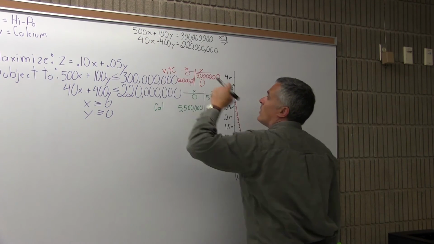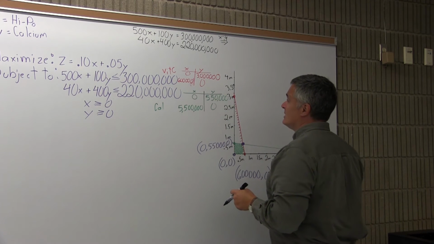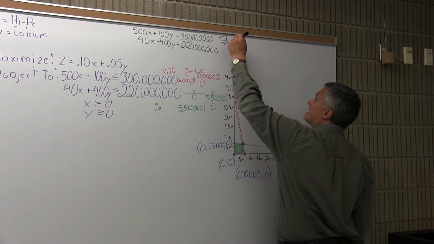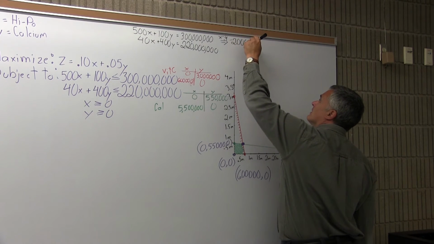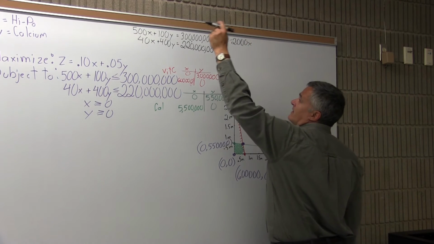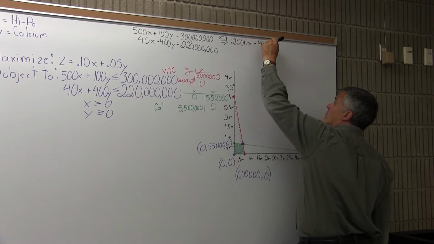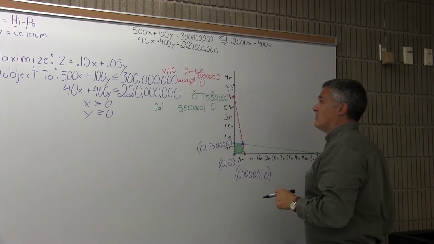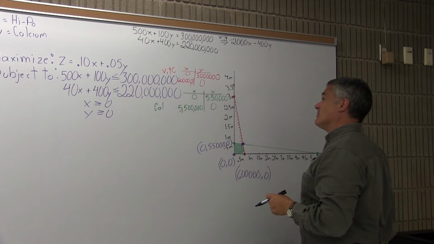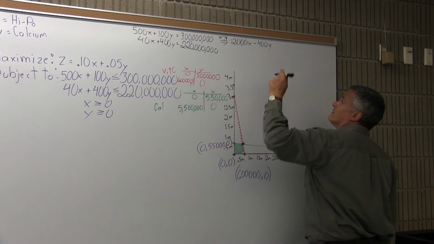I'm going to take the top equation, everything times -4. So negative 4 times 500x should be negative 2000x. And then negative 4 times 100y will be minus 400y. And then negative 4 times 300 million, it'd be 1.2 billion. Negative.